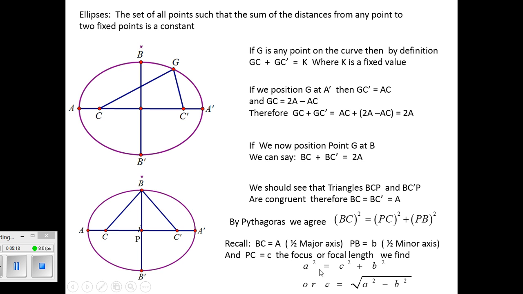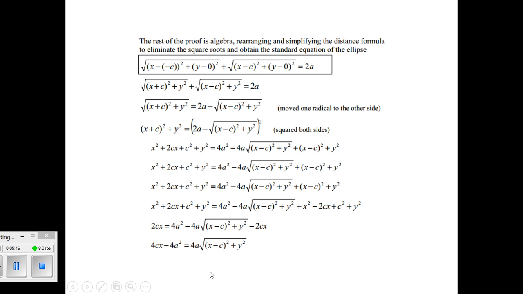And so for any of my ellipses, the focus is at a coordinate given by the square root of a squared minus b squared. So that is how we come up with the focus or focal length for the ellipse.